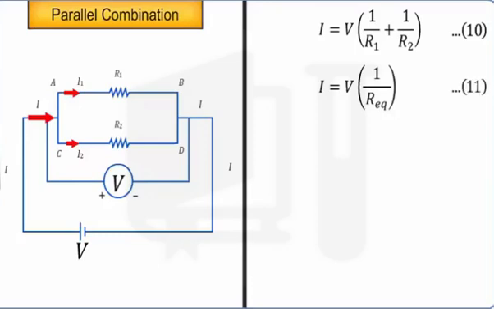Req is the equivalent resistance of the parallel combination of resistors. From equations 10 and 11, we can write 1 by Req is equal to 1 by R1 plus 1 by R2. Let this be equation 12.